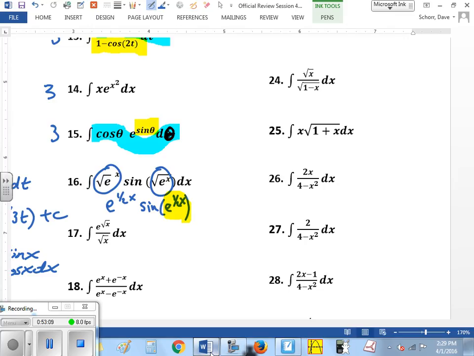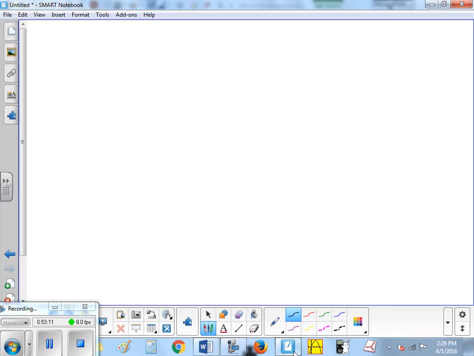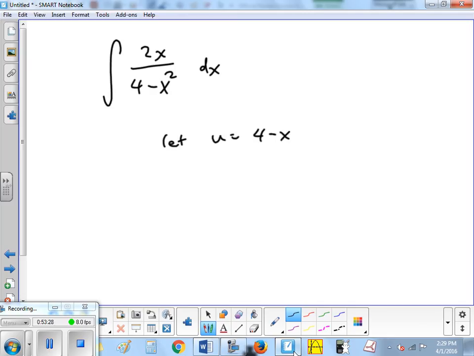2x over 4 minus x squared. This is a u sub problem. You guys agree? You can just let u equal 4 minus x squared.